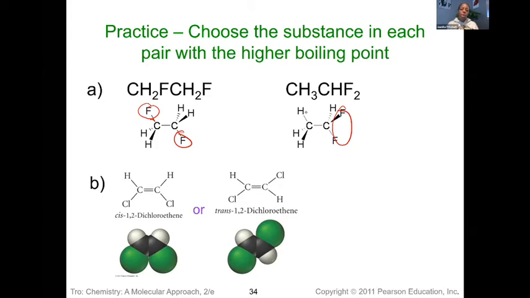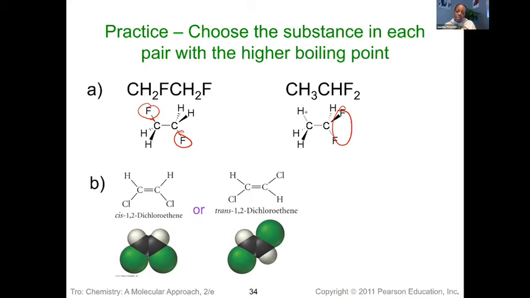So which one is going to impact the polarity more? Well, you should be saying the second one, the one on the right, because now I have this greater pull that's happening on that side of the molecule. So because it's more polar, I would expect stronger intermolecular forces. So therefore, it should be the higher boiling point, the one on the right.